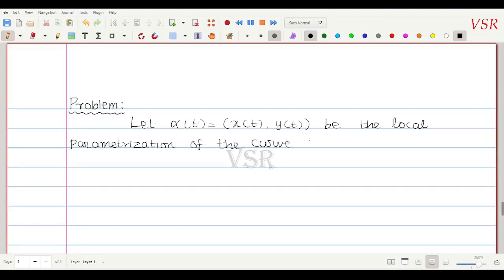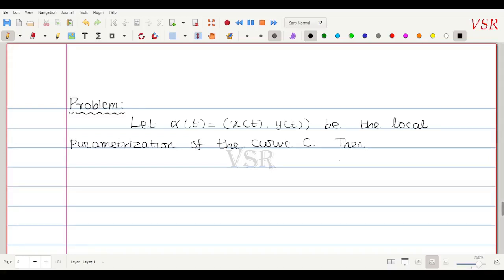அப்ப நான் கொடுத்துட்டேன் parameter, local parameterization கொடுக்கல அப்படின்னா நீங்க அதை முதல்ல கால்குலேட் பண்ணணும், ஆனா இங்க local parameterization கொடுத்தாச்சு. அப்ப நான் இப்ப கப்பா, that means curvature என்ன அப்படிங்கிறதுக்கு நான் ஒரு ஃபார்முலா எழுத போறேன்.